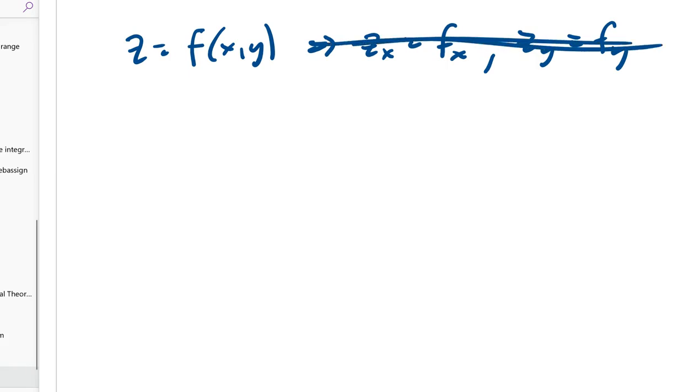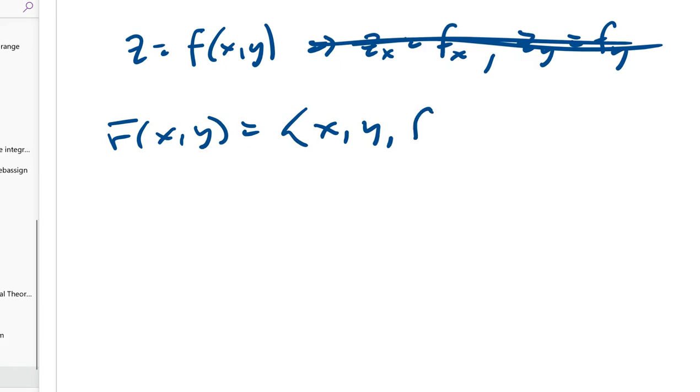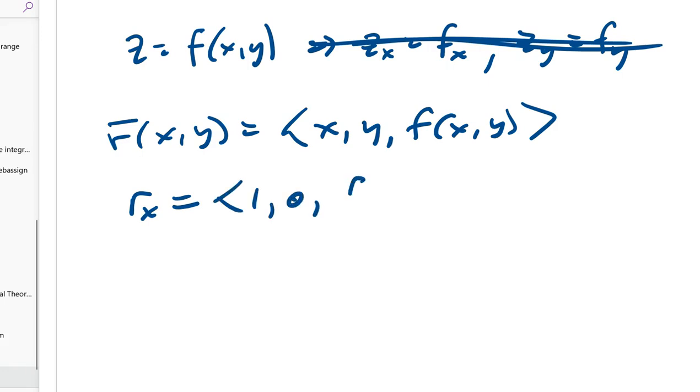If z is f of x, y, then r of x, y is x, y, f of x, y. Now let's do r sub x, which is basically r sub u. So r sub x is 1, 0, f sub x.